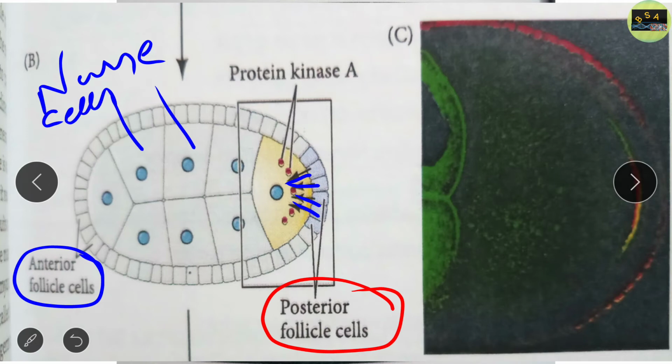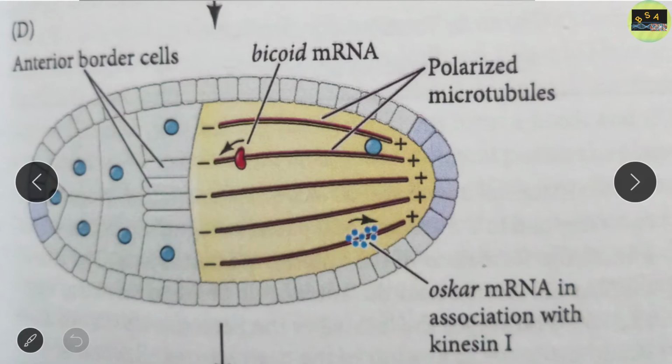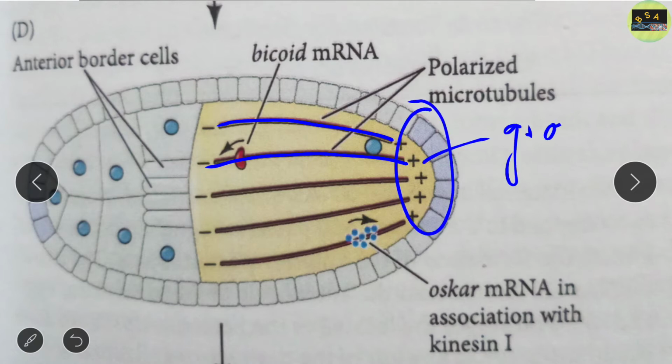Now the PAR1 protein basically recruits and arranges a microtubule. So this is the microtubule, and remember, a microtubule has two ends. One is the plus end, which is known as the growing end.